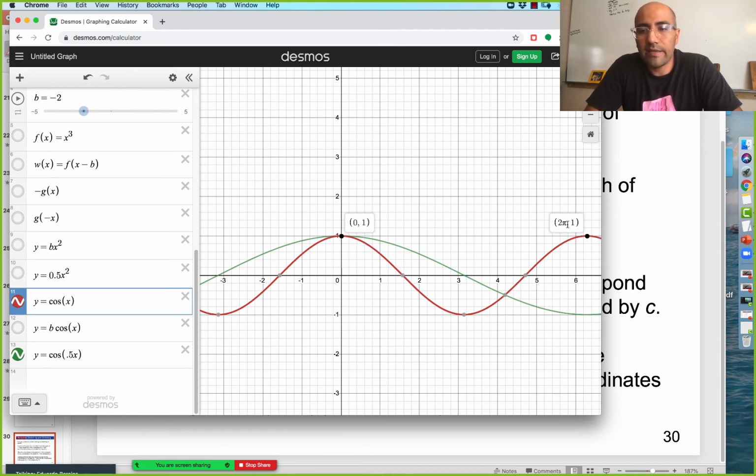So when I plug in 2 pi, I'm really only going to get the output of pi. When I plug in pi over 2, I'm really going to get pi over 4, right? So it's slowing down the oscillation period.